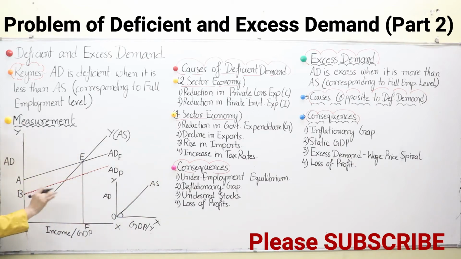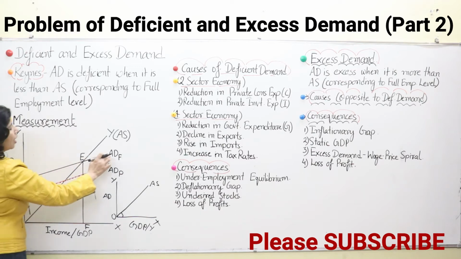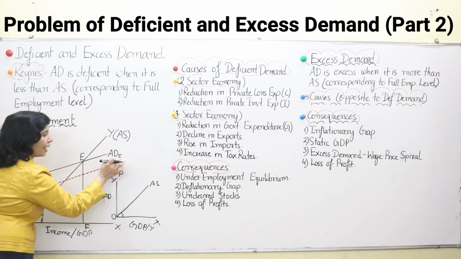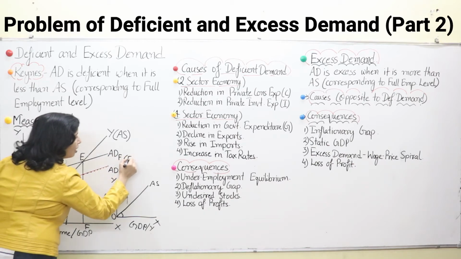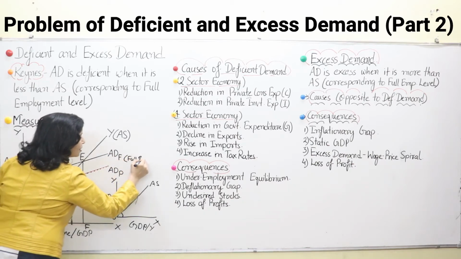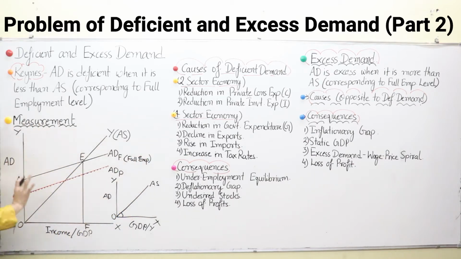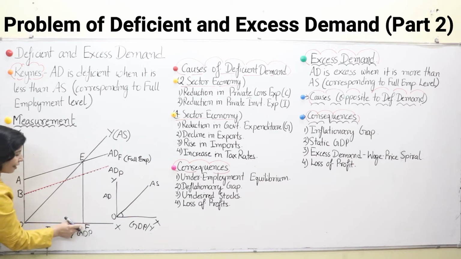Now you have to draw a curve ADF. What is ADF? Aggregate demand at full employment level. Full employment means full utilization of resources is taking place, and no one who is willing to work at existing wage rates is unemployed. So full utilization of resources occurs at F.